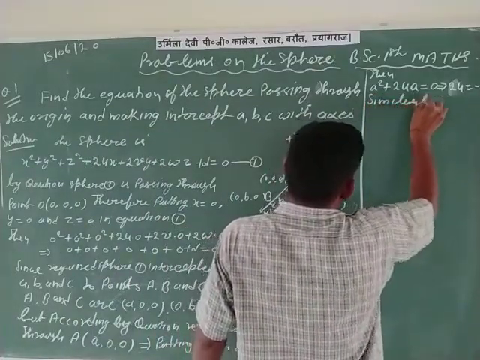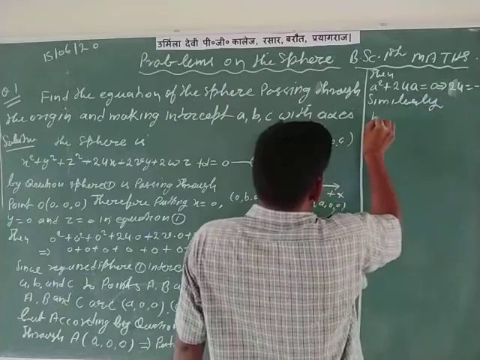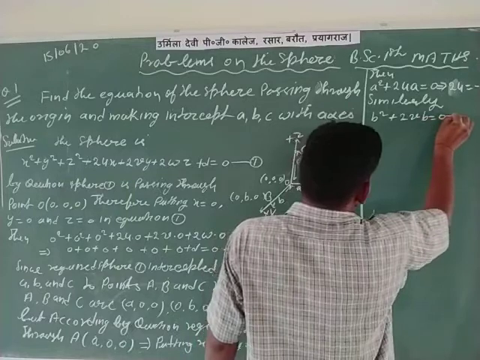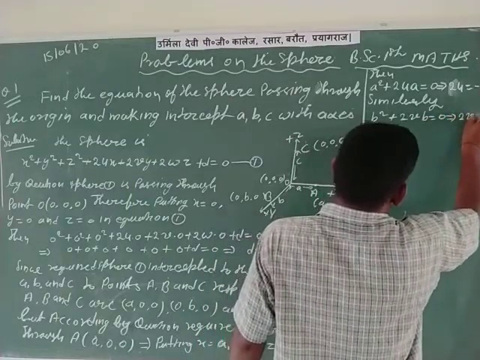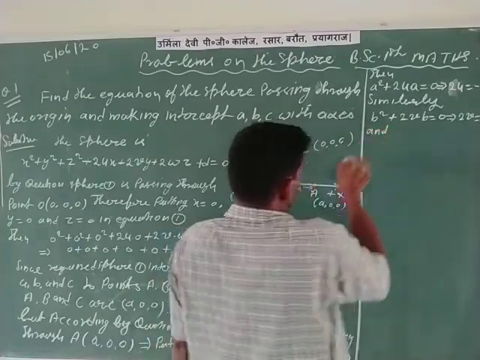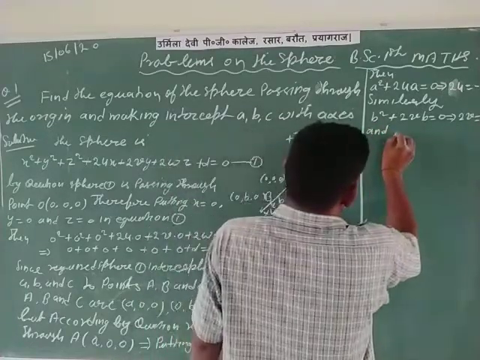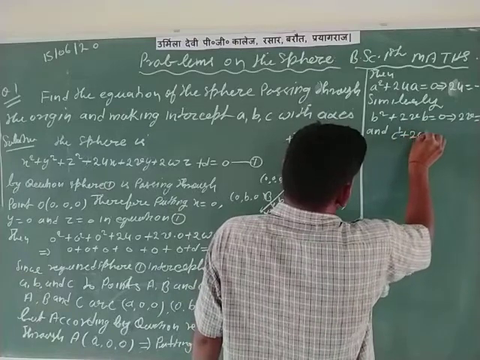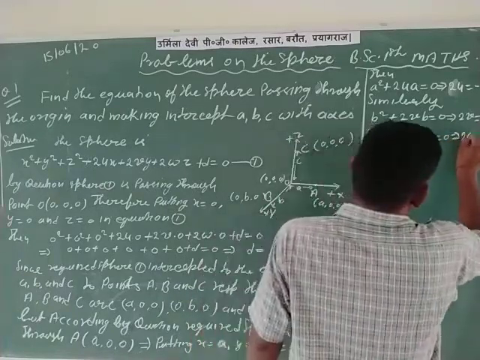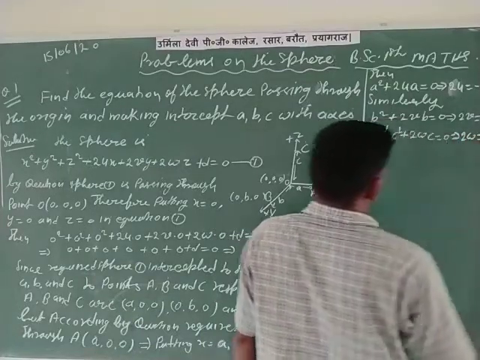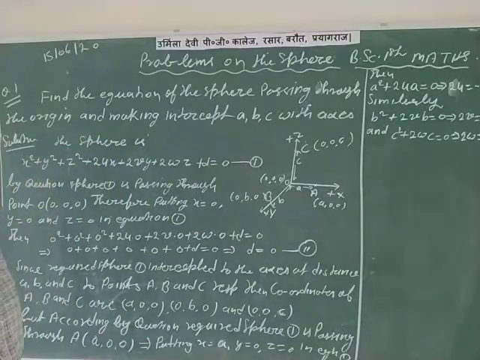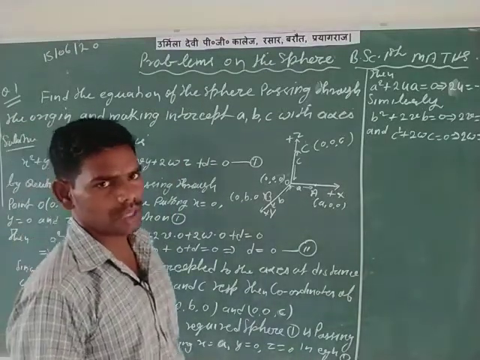Similarly, b square plus 2vb is equal to 0, it implies 2v is equal to minus b, and for point C, c square plus 2wc is equal to 0, it implies that 2w is equal to minus c. These are the values of 2u, 2v and 2w.